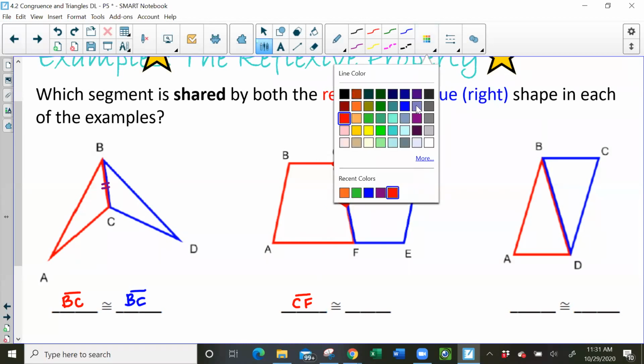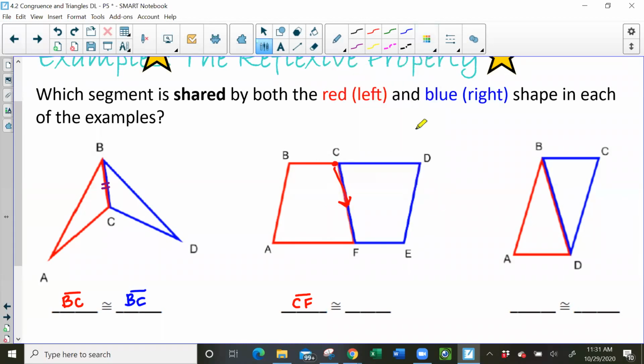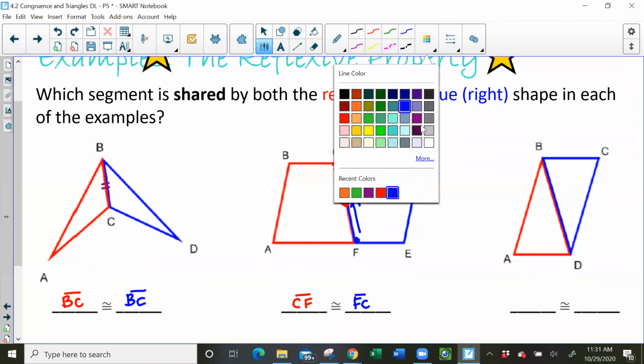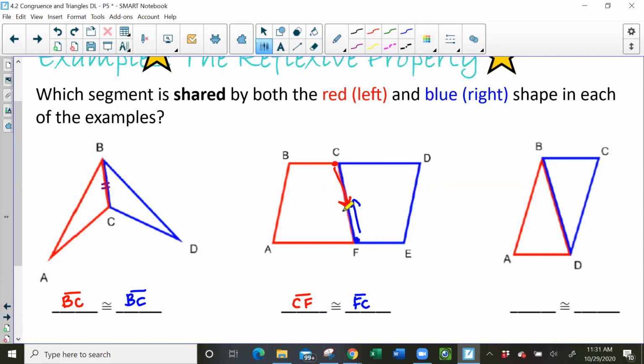If I am naming the side that's congruent, most people would say CF. But the angle that corresponds with C is actually F. So I would start here and name it this way. They're still congruent to each other. But that's what I'm talking about when I say the reverse order.